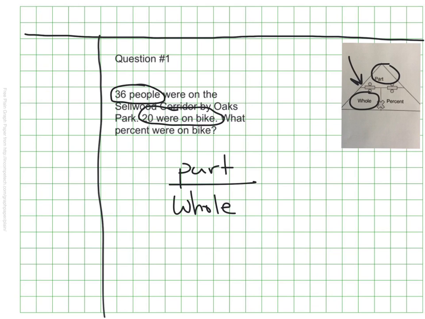So I'm going to set this up as 20 over 36, and I'll use that to set up my long division, 20 divided by 36. To complete this, of course, I would need to go through my long division process. You can take a moment to do that yourself as well, and we're going to see what percent are on bicycle.